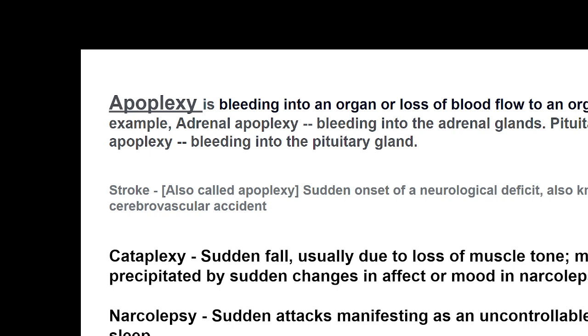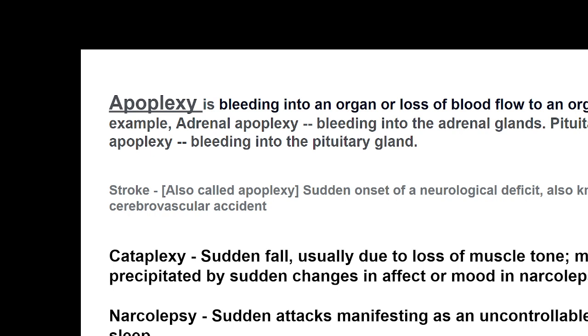Apoplexy is a common word used in neurology, which is defined as bleeding in an organ or loss of blood flow to an organ. So if there is a sudden loss of blood flow, that's called apoplexy, and it could be in any organ, not necessarily in a neurological condition, for example adrenal apoplexy, bleeding and so on. Many times the stroke is also called apoplexy.